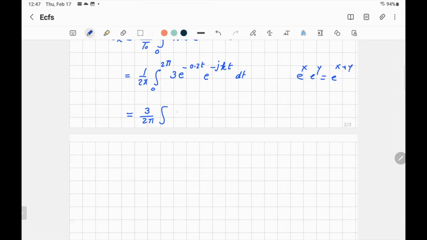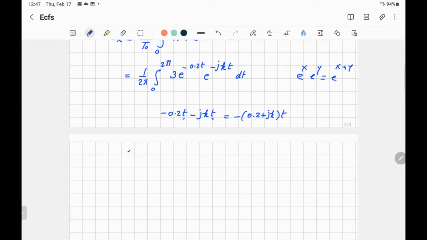So that's what I'm going to do. I have e to the power of something, I will add them. Let me first add the powers. You have minus 0.2 t, and you are going to add minus jkt. You can take minus as a common factor, and also t as a common factor, because you have t here and there. And what's left inside is 0.2 plus jk. So that's what you get when you multiply both exponentials.